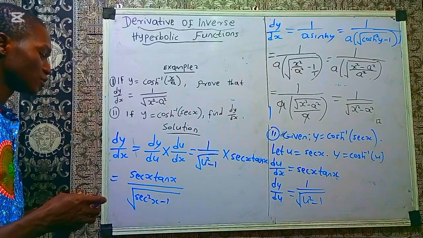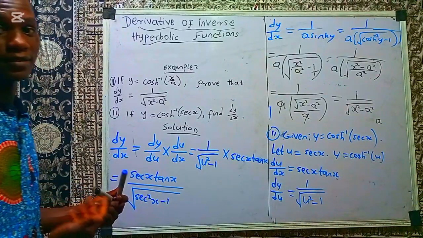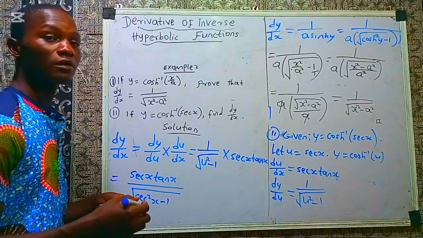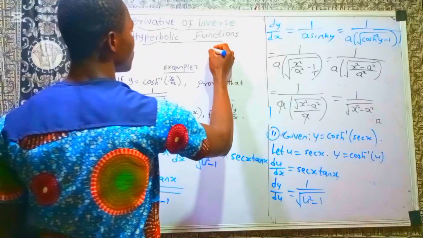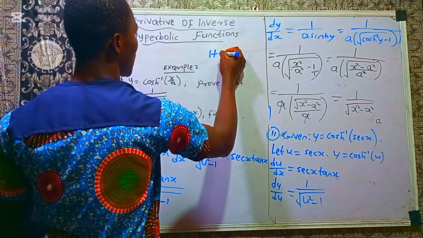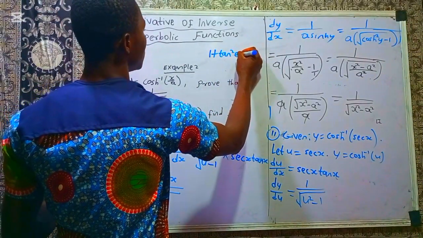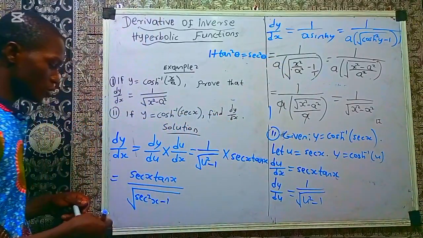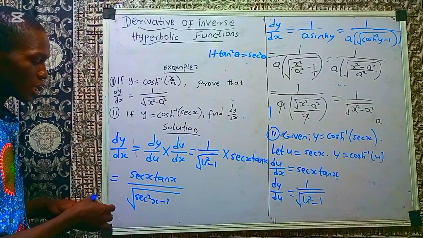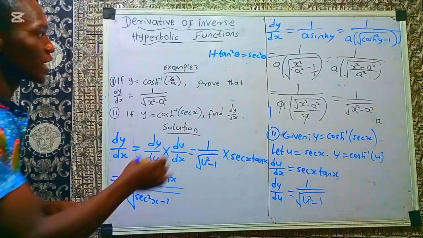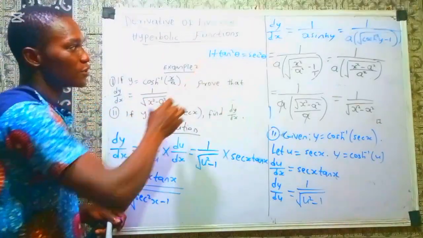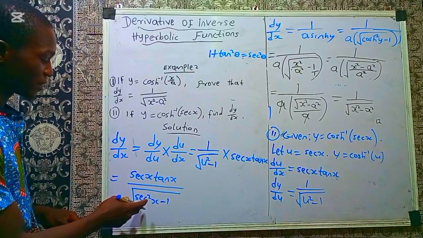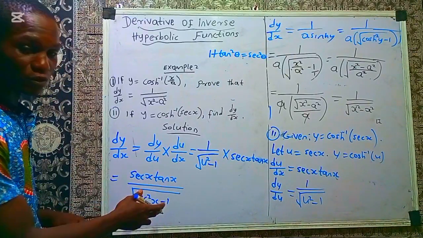So the next thing is to know if you can simplify this further. But we know from trigonometry that 1 plus tan squared theta is equal to sec squared theta, right? If you want to simplify this, we can make tan squared theta the subject of the formula, so that we get what is inside the square root, which is sec squared minus 1.